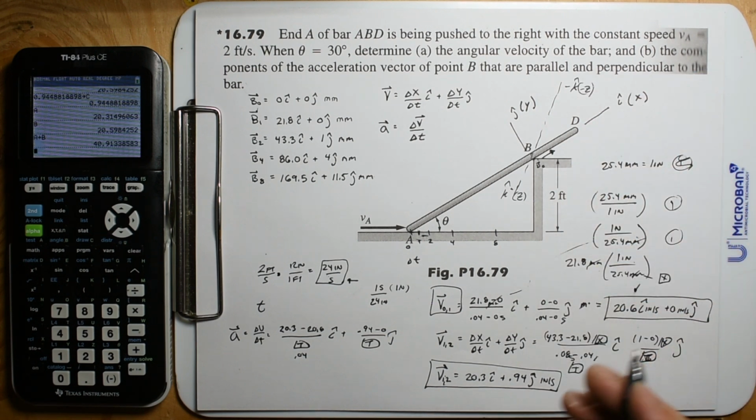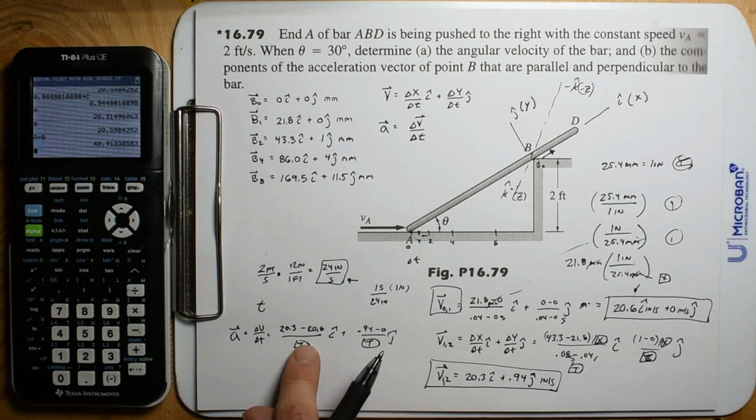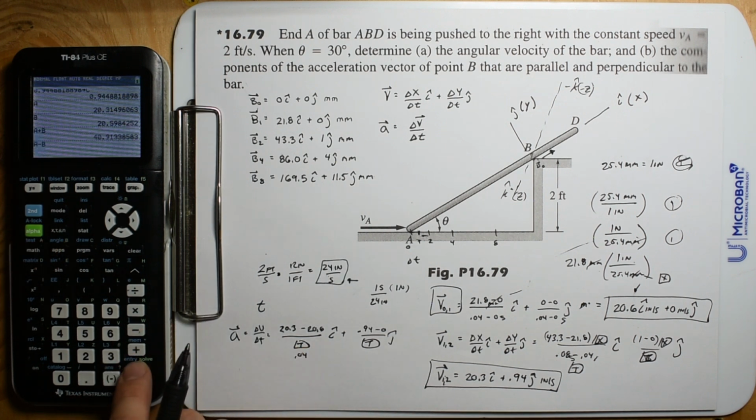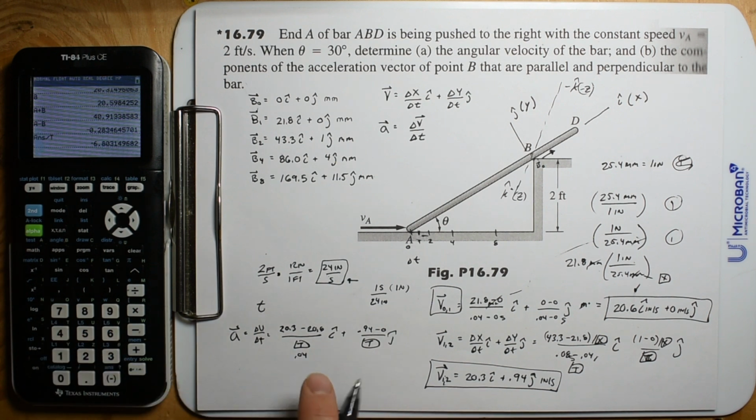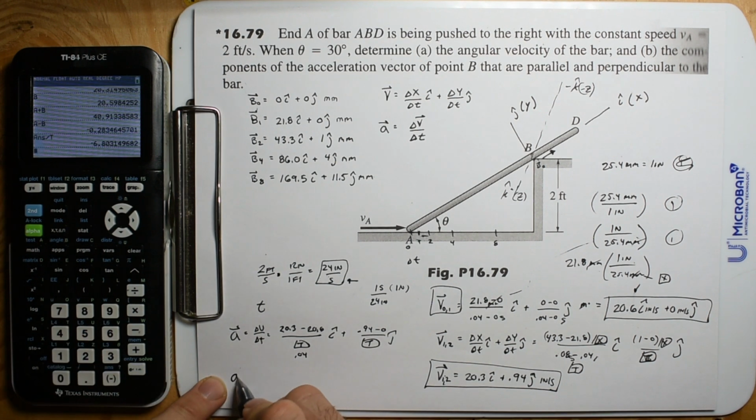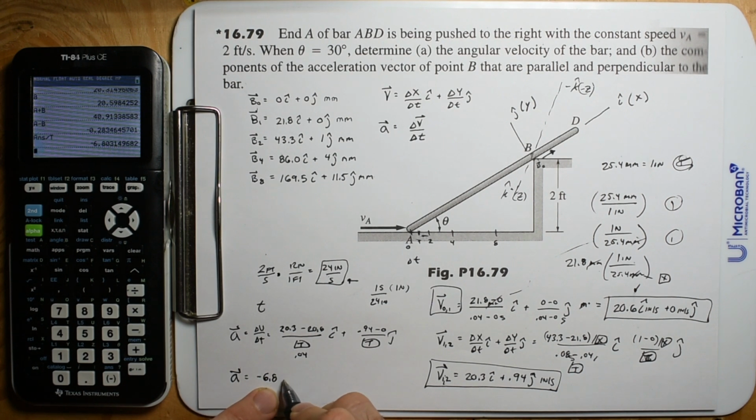All right, so I think we're almost there. So we took the difference. We did not take the difference. There we go. So we get a negative divided by delta t. That time frame's still the same. And we get an acceleration of negative 6.8 inches per second squared in the i hat.